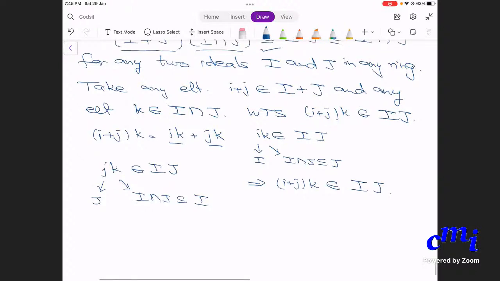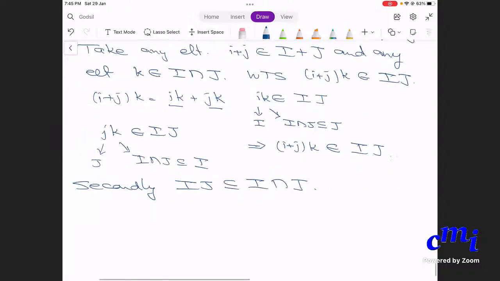And secondly, IJ is contained in I ∩ J. This is even easier to prove. Why is IJ contained in I ∩ J? What does IJ mean? IJ means the ideal generated by all the products ij, where i is in I and j is in J. That's the definition.